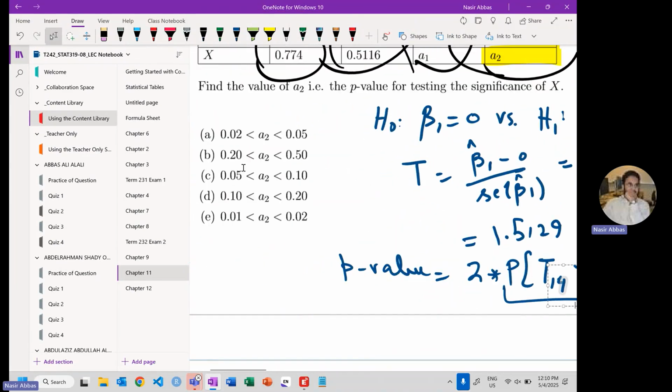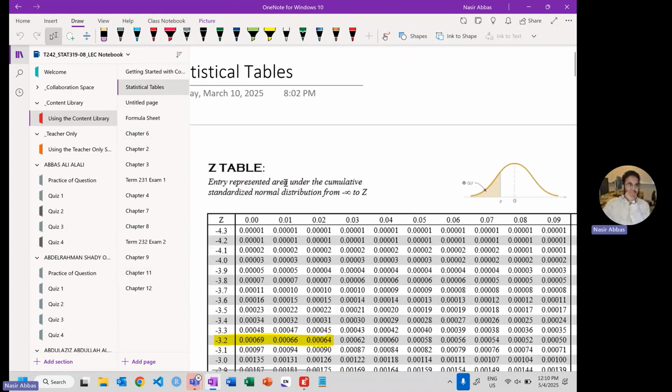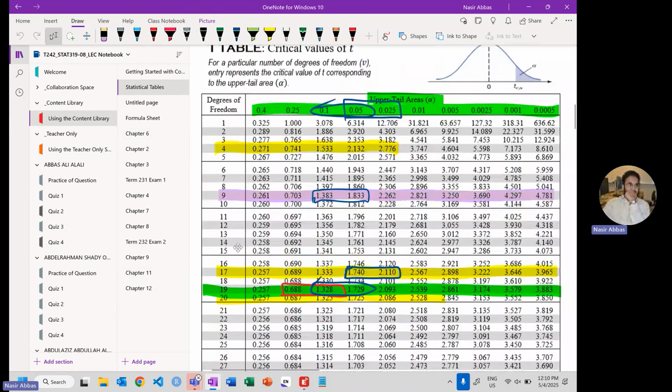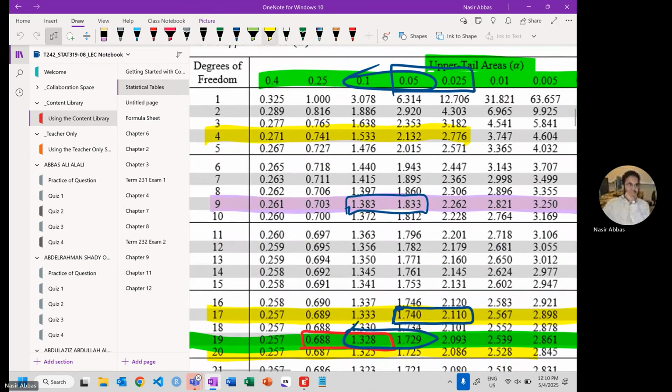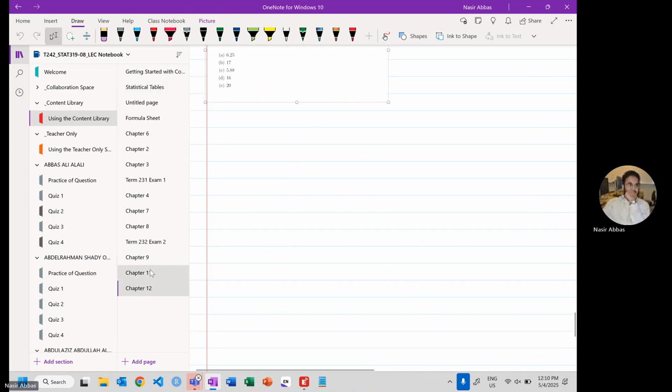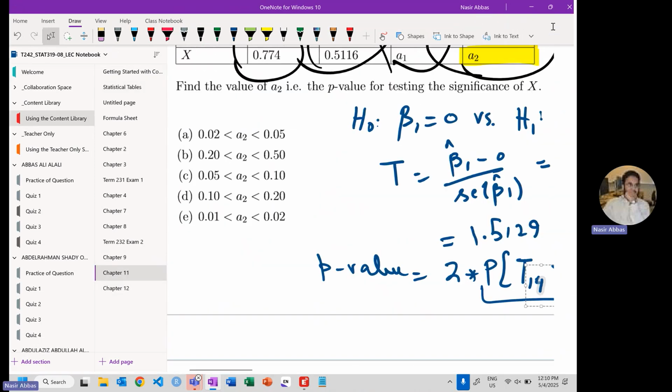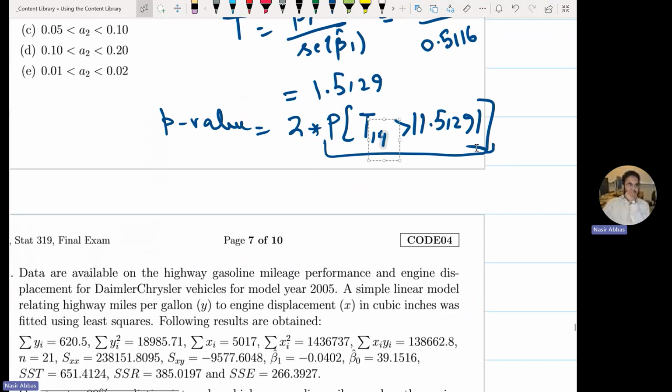Where is this 1.5129? Between 0.05 and 0.1. But the p-value is 2 times this. So the p-value is between 0.1 and 0.2.